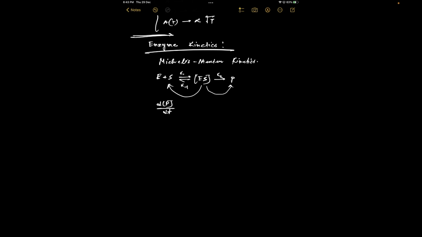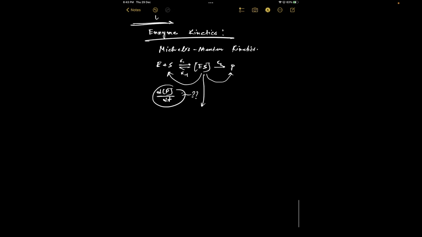This enzyme substrate complex is actually an intermediate, right? Intermediate means it is very transient in nature, that means it has a very low lifetime. So for a transient intermediate, we can use the steady state approximation, right?